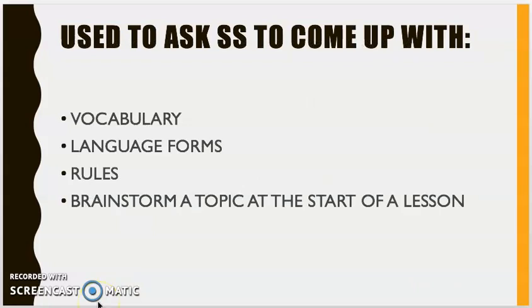So elicitation is used for a variety of reasons, right? They are used to ask students to come up with vocabulary, with language words, with rules, to brainstorm a topic at the start of a lesson, just to name a few, okay?